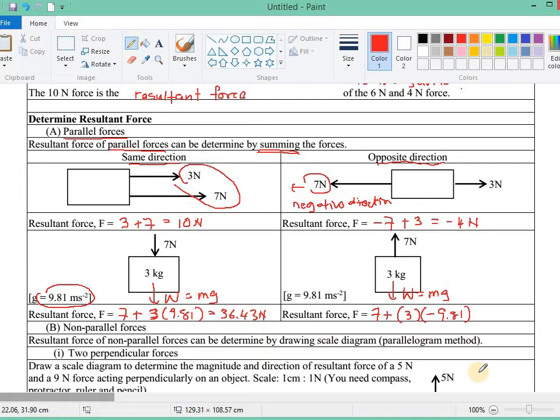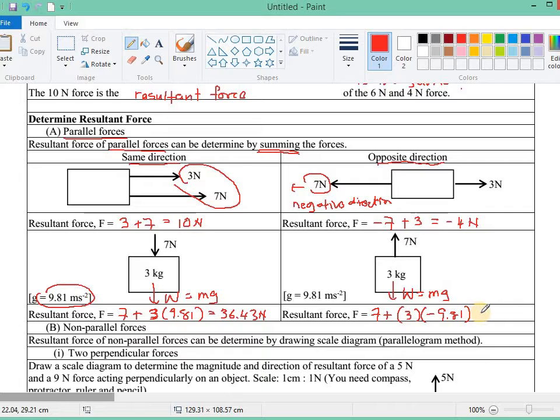The negative is at the direction of the acceleration, because mass has no direction. Mass is not a vector quantity. Acceleration is a vector quantity. So gravitational acceleration has direction, and the direction is going downward.